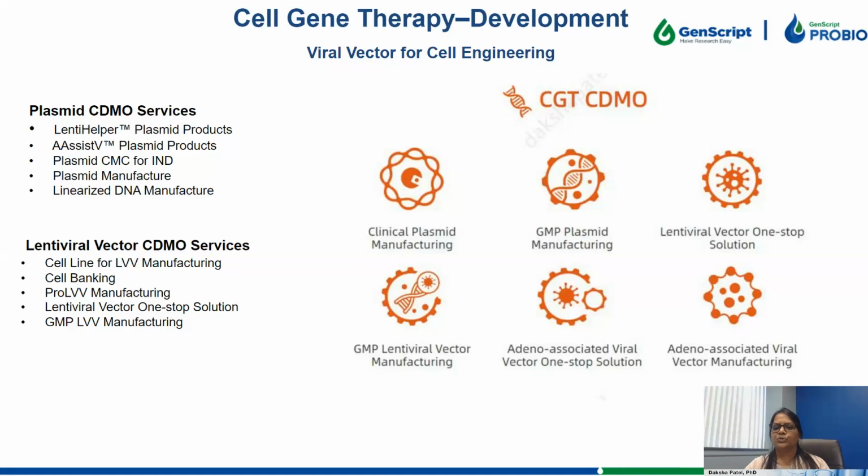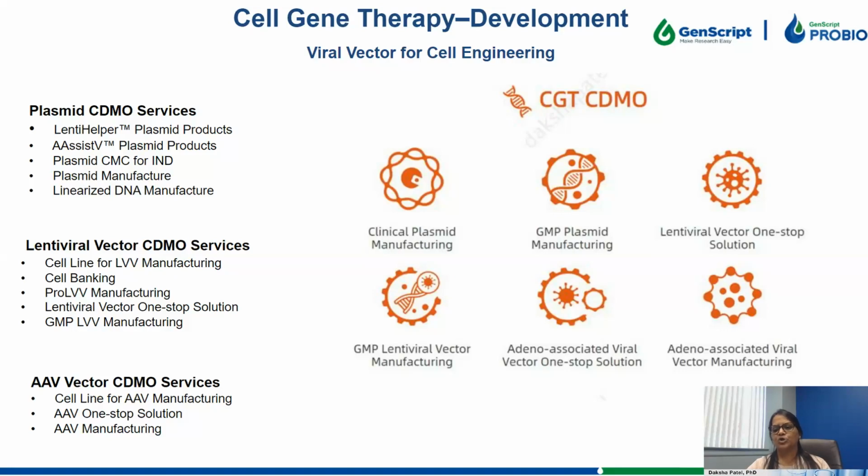AAV vector is also most widely used as a vehicle in in vivo gene therapy, and the AAV service covers various needs from research to IND application to clinical trial. The ProBio division provides all these customized services, and also the CAR lead discovery service and CAR-T in vitro assay study.